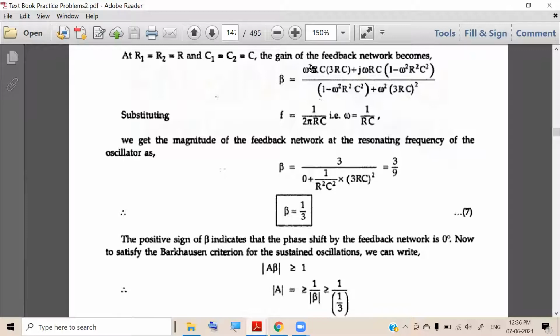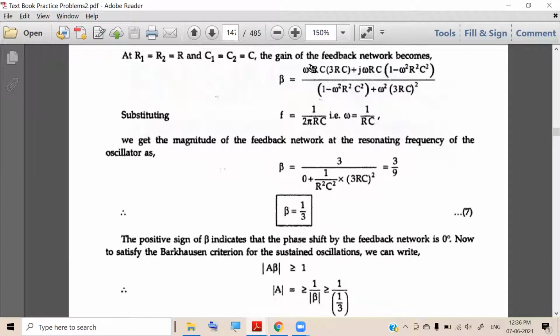I told you that the condition for sustained oscillations, theoretically, is A beta equal to 1. Practically, A beta is chosen slightly greater than 1.